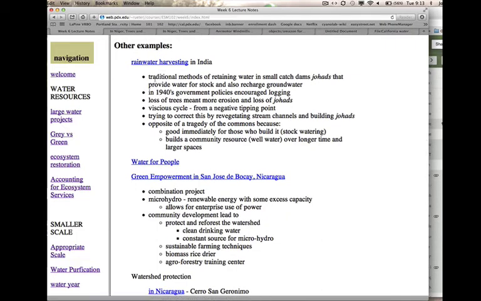There's a really nice video about rainwater harvesting in India, and one of the things is that by paying attention to restoring the ecosystem, you can actually get more water. So in India, they have these very small catchment dams for a local community, called a johad, and those were taken out and misused, and the trees were cut from around the sides of them.